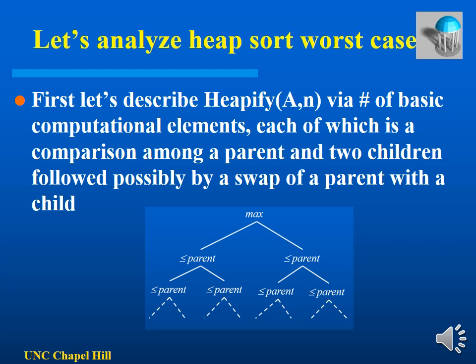And then that child now has the former parent in its place, and it may not satisfy the heap relation with regard to its children. And so we have to redo the computational step with regard to that little subtree, requiring 2 of the computational steps for each of the n/8 parents.